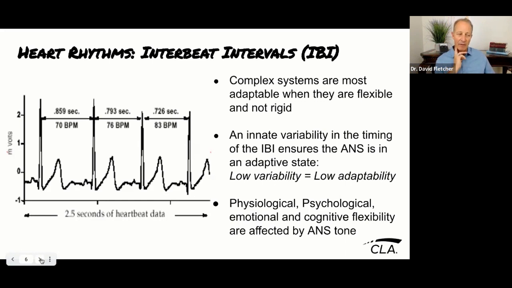Using these two sensors, if you get 60 beats per 60 seconds, then that means that the autonomic balance associated with that and the interbeat interval is 1 per second, or 1.000 seconds per interbeat interval.